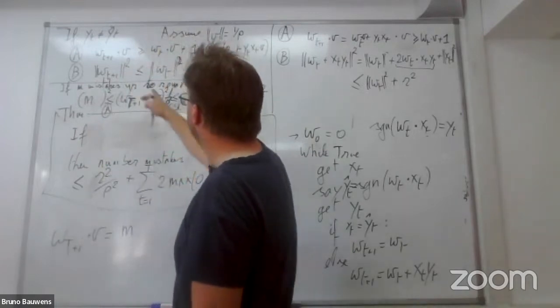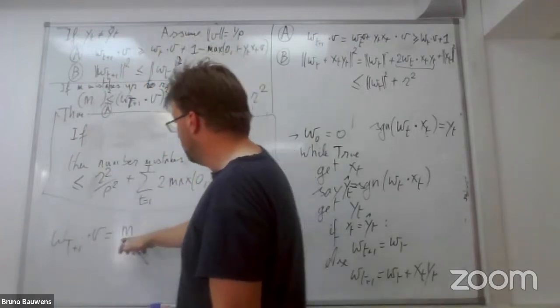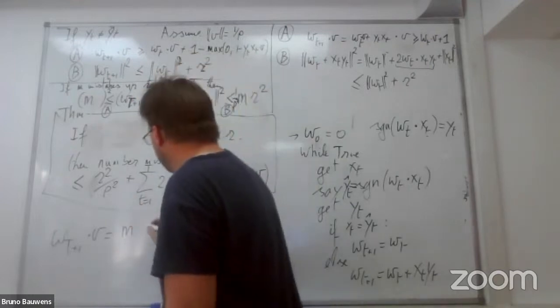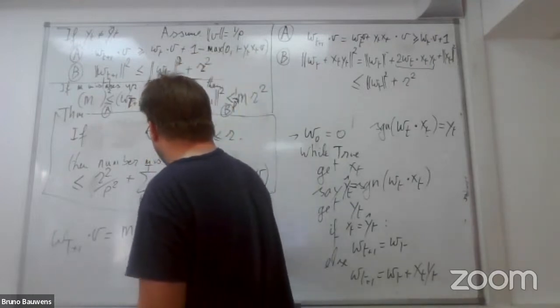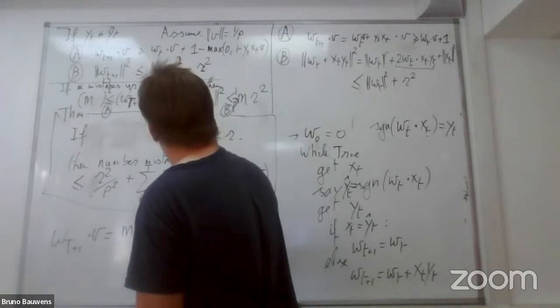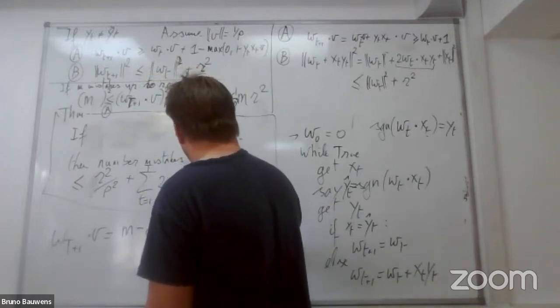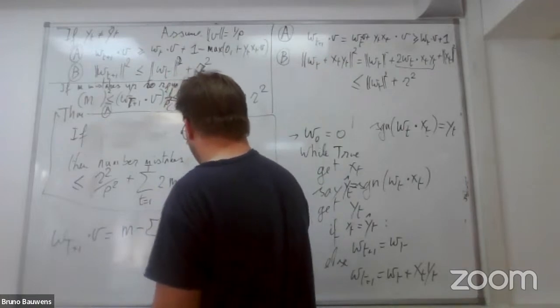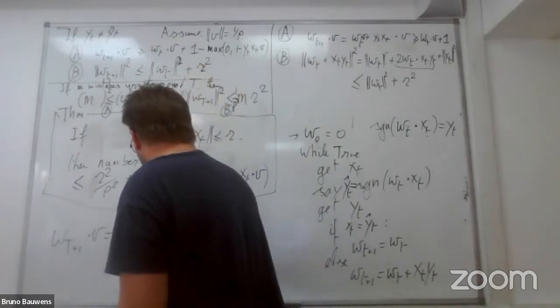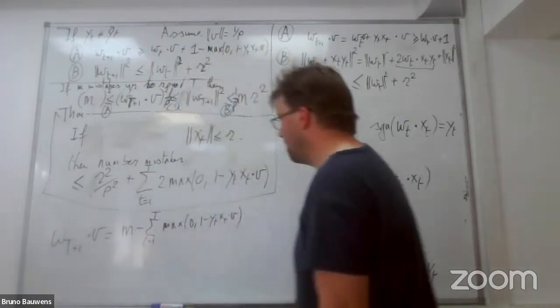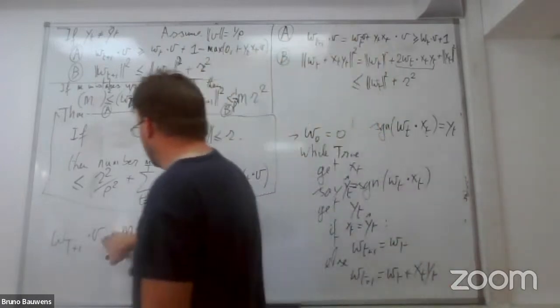Assume again there are M mistakes up to round T. And we have M times 1 minus the sum from t equals 1 to T of max of 0 and 1 minus y_t x_t times v. And we have an equality here.